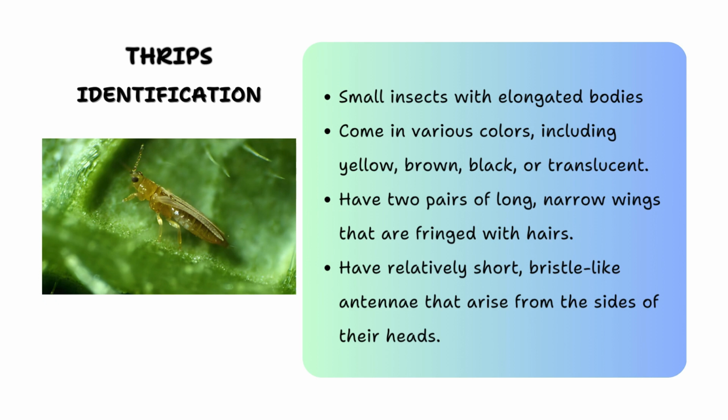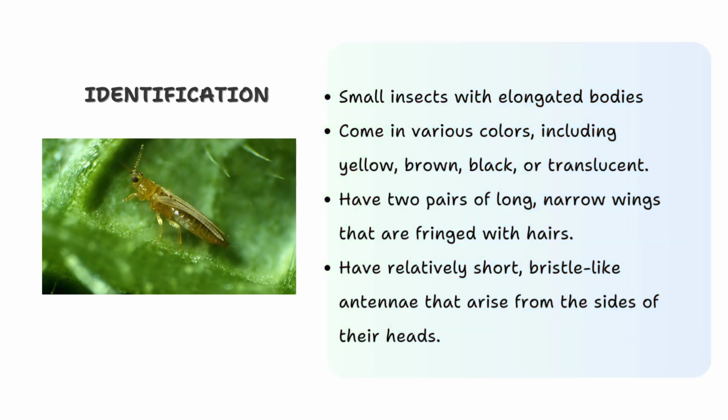Thrips are often found in large numbers on leaves, flowers, or fruit, and they may exhibit a distinctive, rapid, jerky movement pattern. Identifying thrips involves closely examining the affected plant parts for their characteristic appearance and feeding damage, as well as capturing specimens for confirmation.